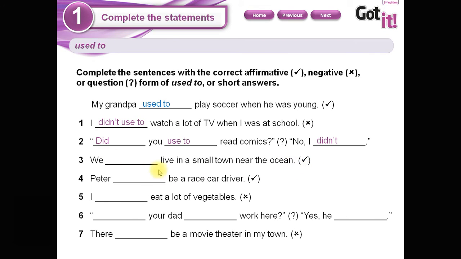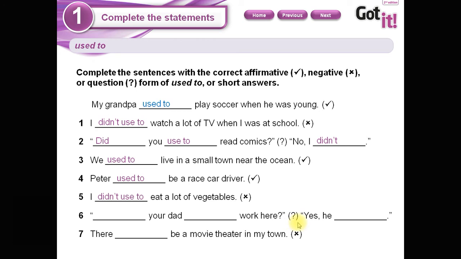Here, look at this symbol. It's affirmative. So, we used to live in a small town near the ocean. Then number 4, Peter, affirmative. Peter used to be a race car driver. Then in number 5, this is negative. So I didn't used to eat a lot of vegetables. Then in number 6, it's a question.